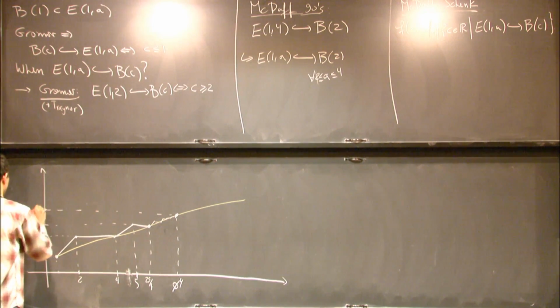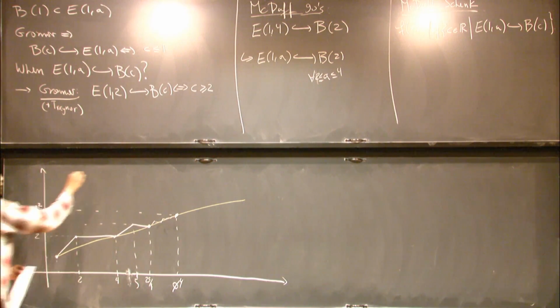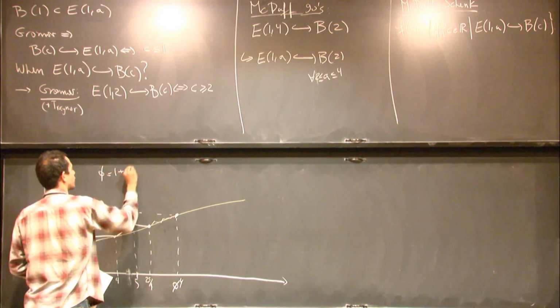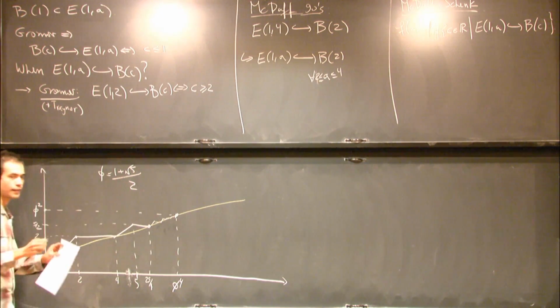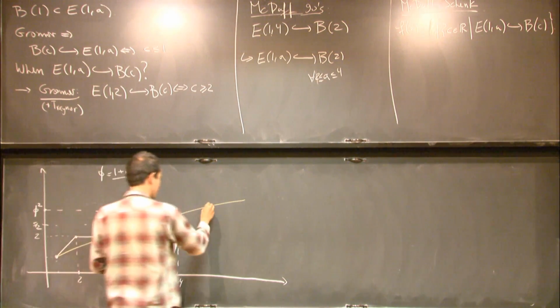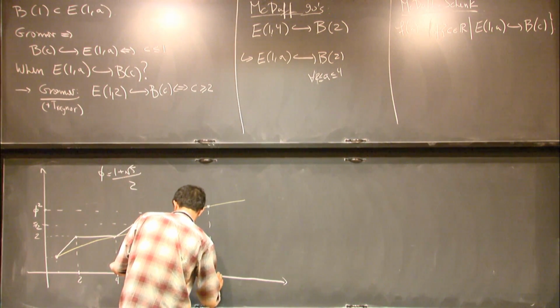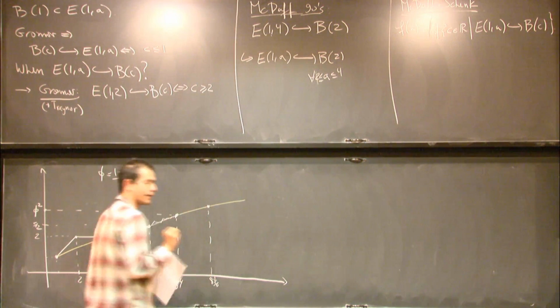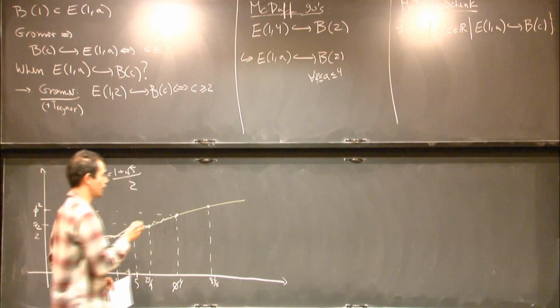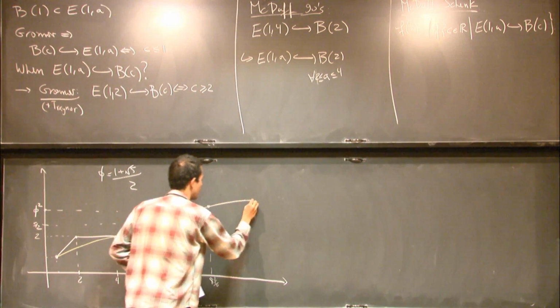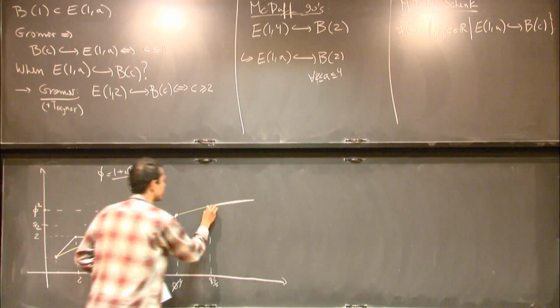So here's phi squared, where phi is (1 plus square root of 5) over 2. And then after some point, which is 136 over 17, a little bit bigger than 8, it'll be equal to the square root.